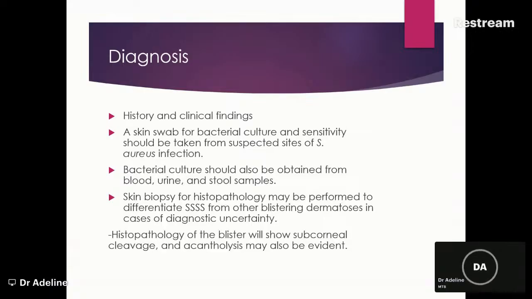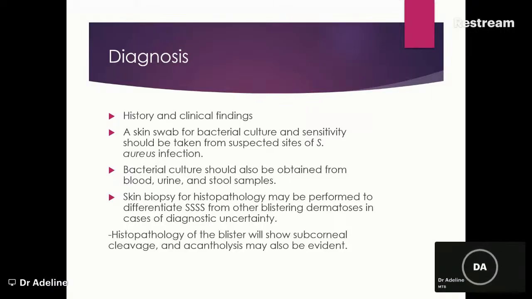The diagnosis of staphylococcal scalded skin syndrome is mainly by history and clinical findings. We can take a skin swab for bacterial culture and sensitivity. We are mainly looking for Staph aureus, and these are taken from the sites of infection.